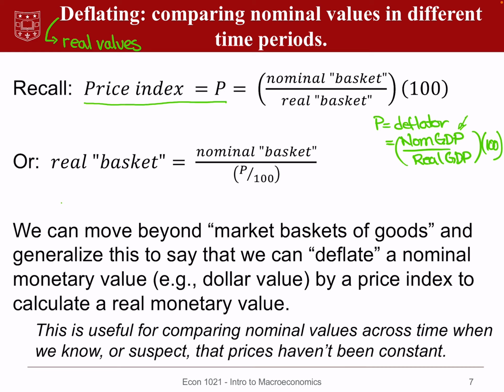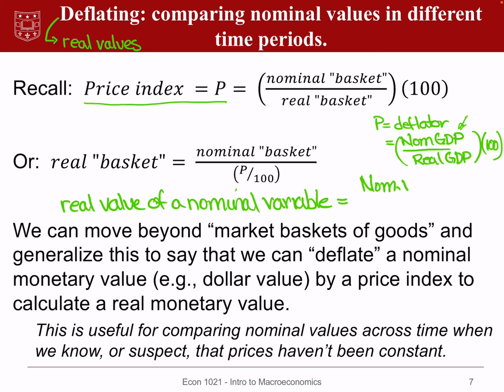So the real value of any nominal variable is the value of the nominal variable, whatever it is, GDP, wages, house prices, whatever, divided by the average price level.